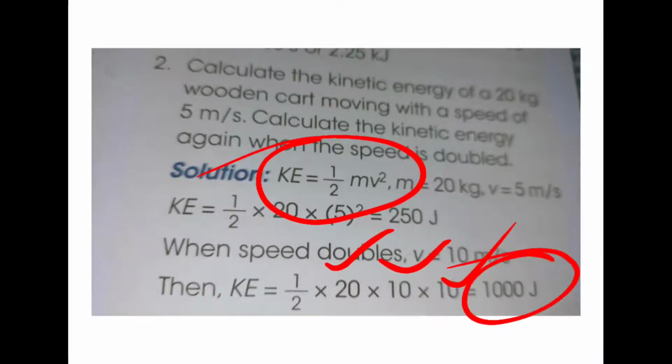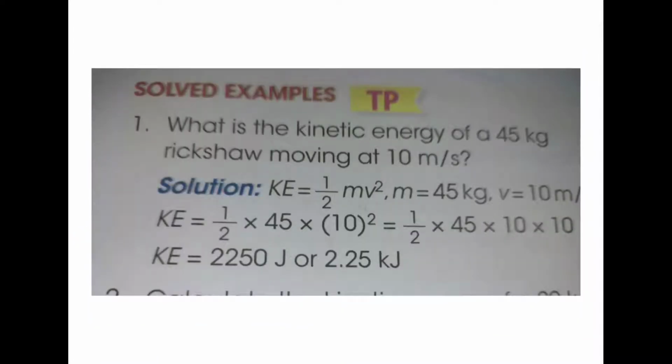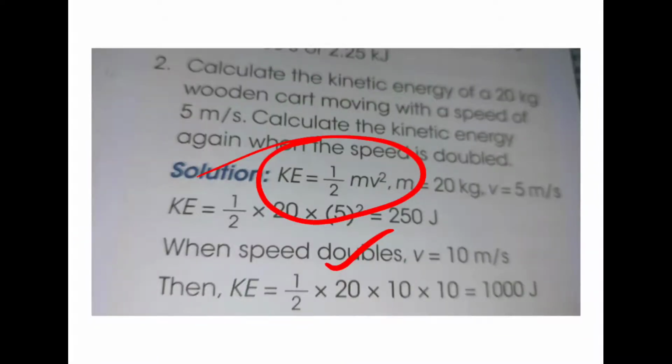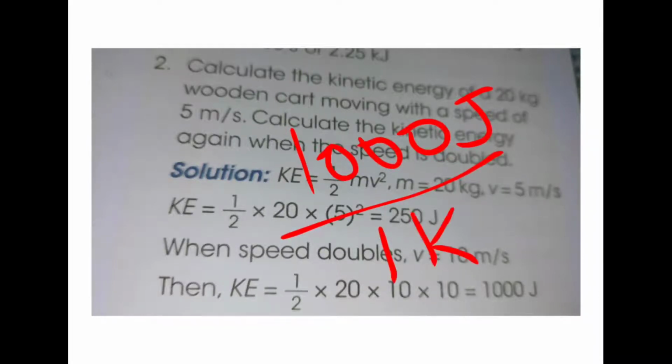We will get 1000 joule, right? So 1000 joule can also be written as 1 kilojoule, or you can leave your answer as 1000 joule only, right?